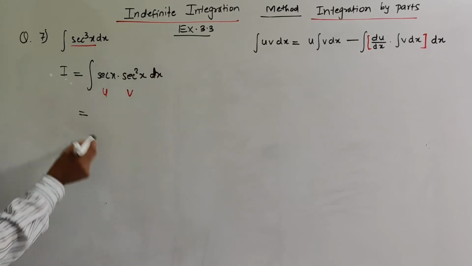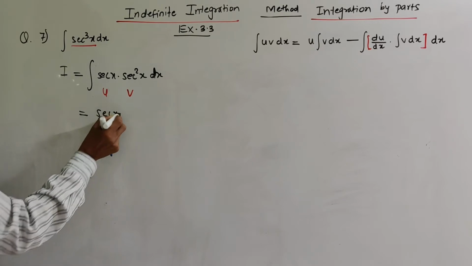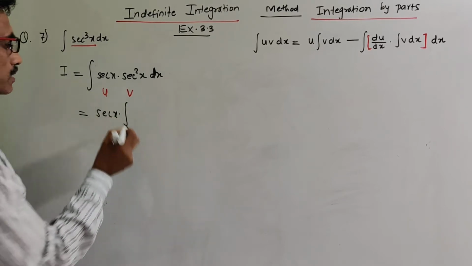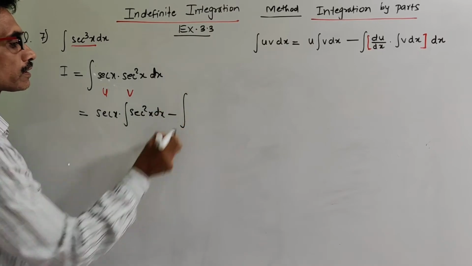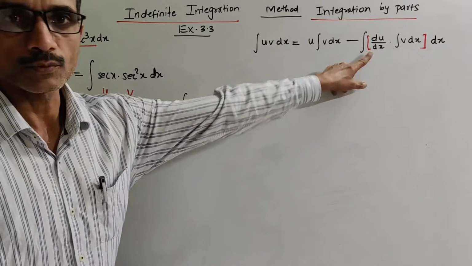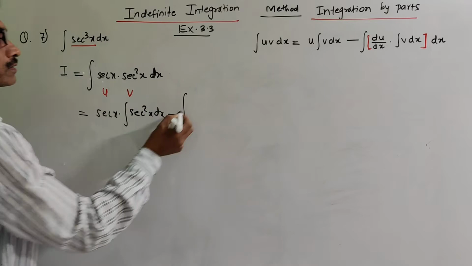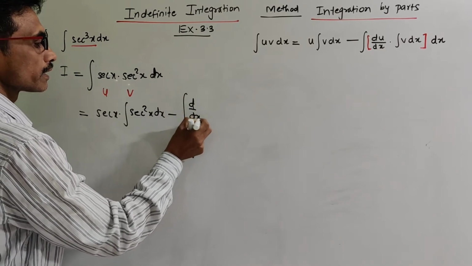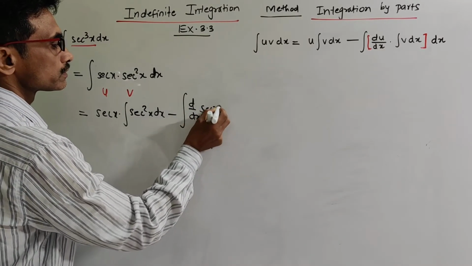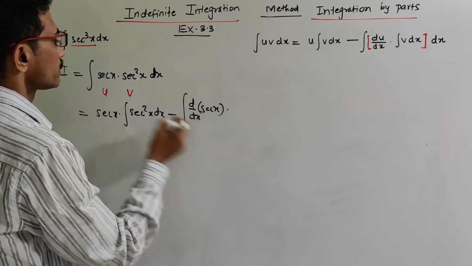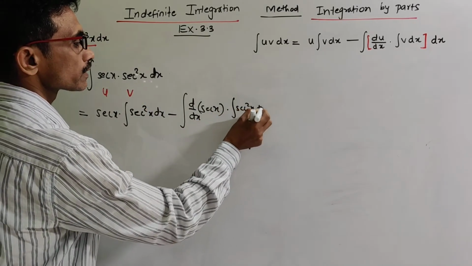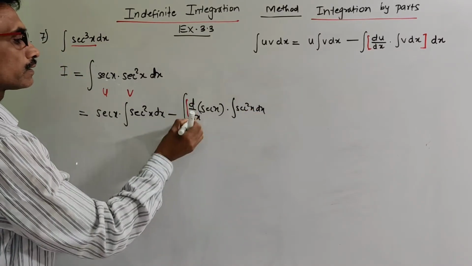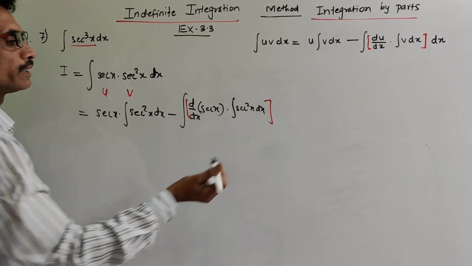First, that is u as it is, sec x as it is, integration of sec square x dx, minus integration of derivative of u, that is derivative of sec x, d/dx of sec x, into integration of sec square x dx, and this complete integration.